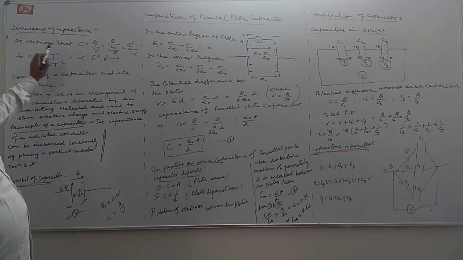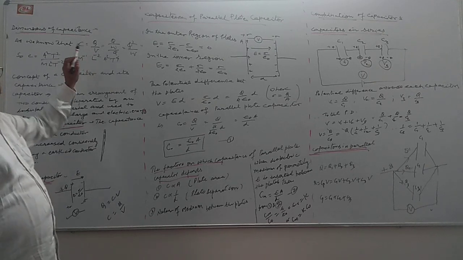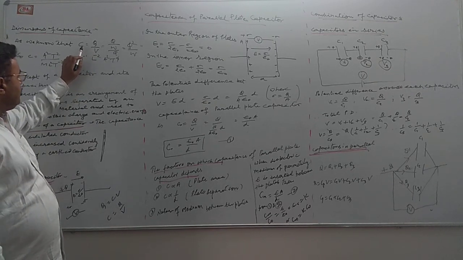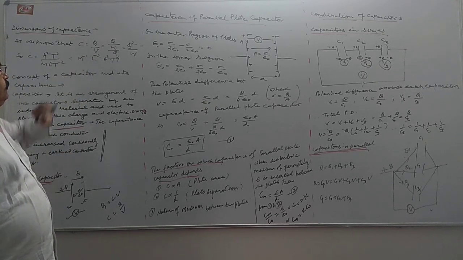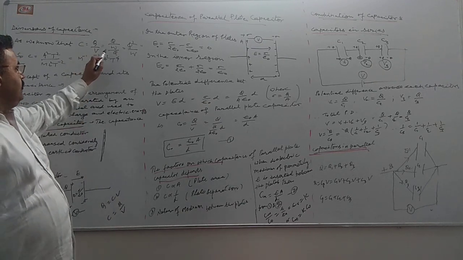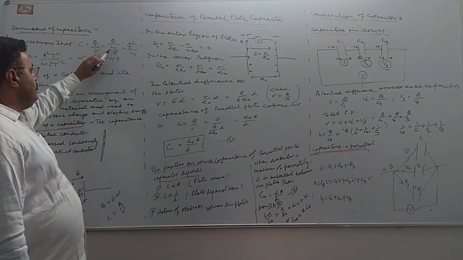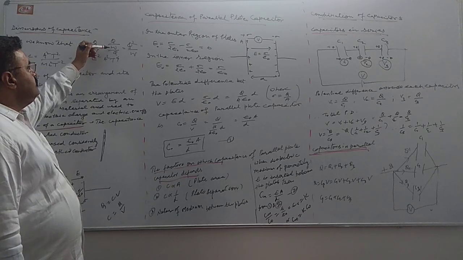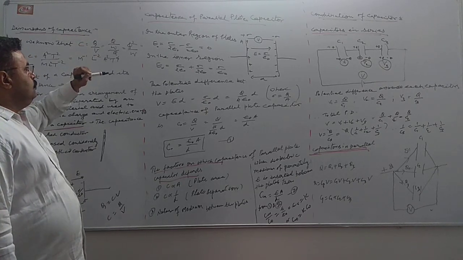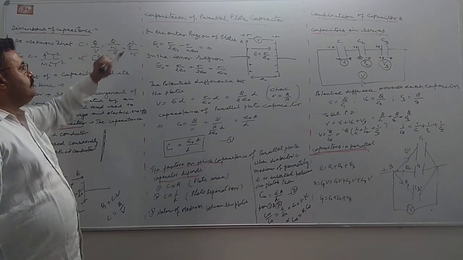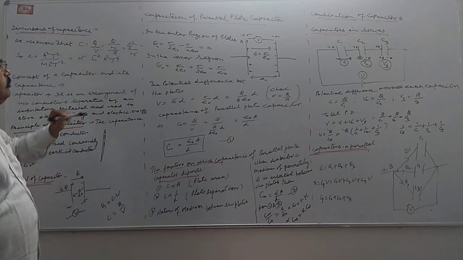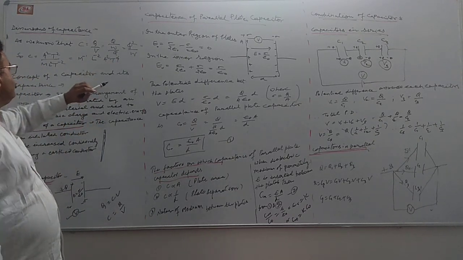From the principle of capacitor, we have learned capacitance C equal to Q upon V, where V is electric potential or potential difference, that can be written as W upon Q. So this expression becomes Q square upon W, where W is work done.